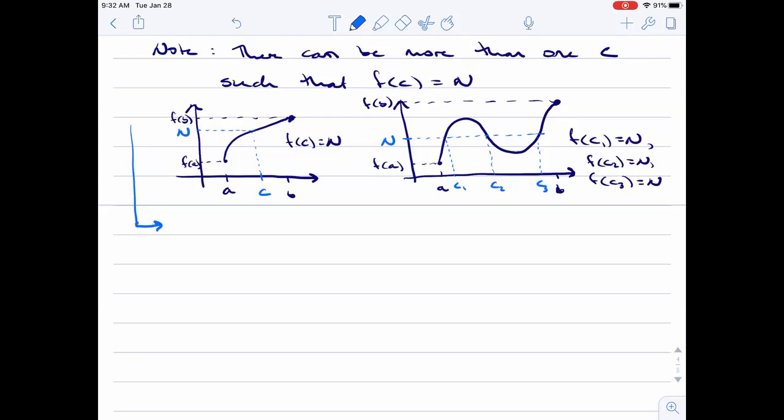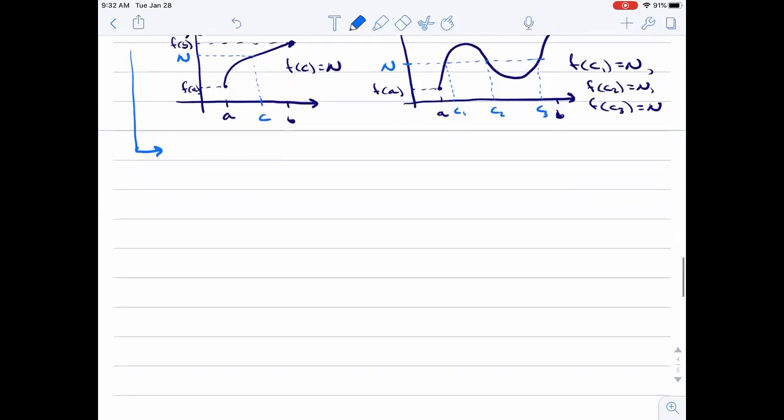If I'm able to plug in values into this function and get a negative value and a positive value, then the intermediate value theorem tells me that at some point between these 2 points, I don't really care where, it's going to have to equal 0. I've got negative on one end and a positive on the other end, even if it's the other way around, it's crossed 0 at some point.